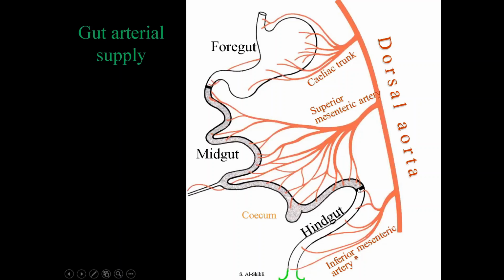What about the lymphatic drainage of the transverse colon? It must go to both the superior mesenteric lymph nodes and the inferior mesenteric lymph nodes. Why? Simply because it is a derivative of midgut and hindgut.